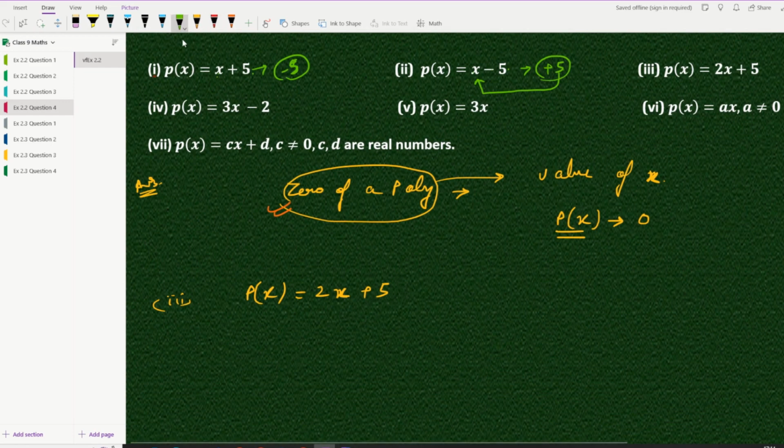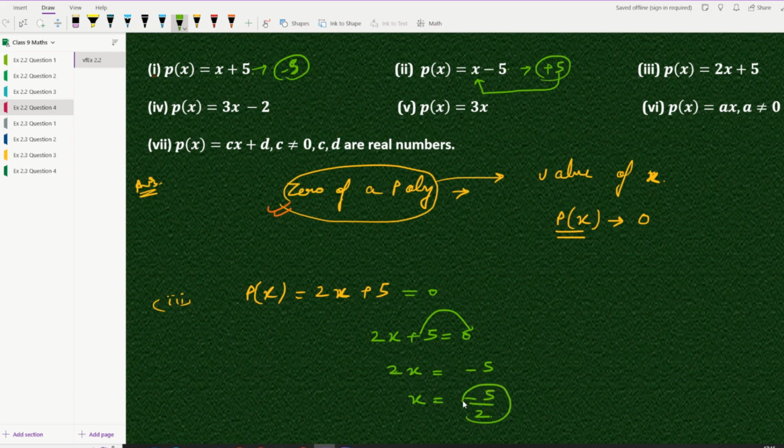Simply you have to equate this polynomial with 0, that is 2x + 5 = 0, and then try to find the value of x. तो ये plus 5 आपका उधर चला जाएगा. It will be 2x = -5. Then you have to still find the value of x. So 2 यहाँ पर इसके साथ मल्टीप्लिकेटिव फॉर्म में था, तो वो दूसरी साइड जाके डिवीजन में आ जाएगा. So x will be equal to -5/2.